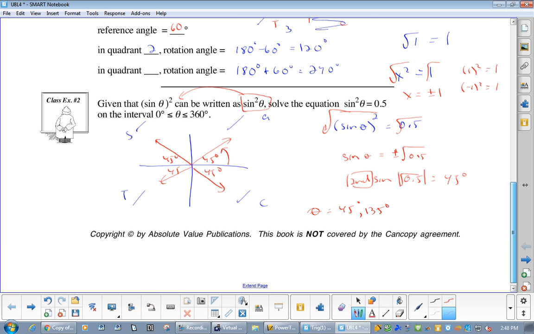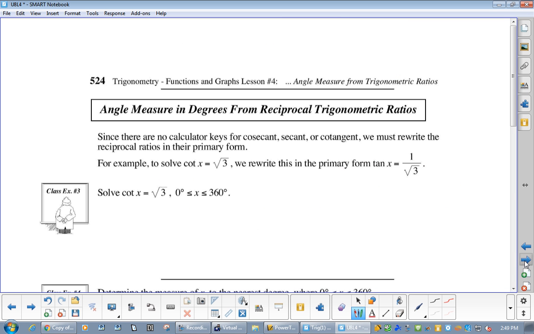The next one is 180 plus 45, 225. And 360 minus 45, 315 degrees. Okay? So this is just taking the stuff you know, just taking it one more level for sine squared. Again, you may not have that on this year's test, but next year you should remember going through this one.